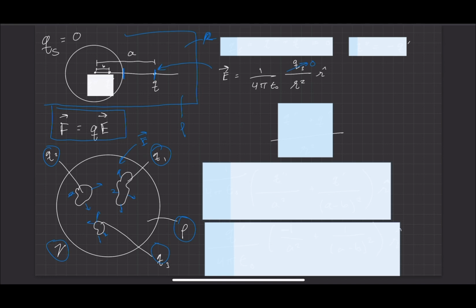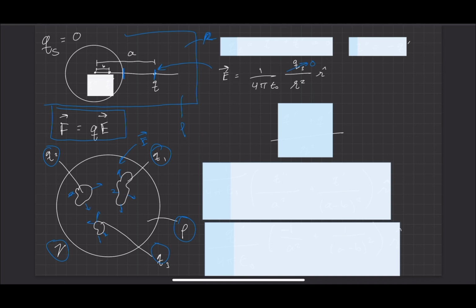Let's just say we do know it for the sake of this problem. We also know the charges within this region since they're given to us. The charge on the sphere is equal to 0, and the charge Q is just Q. So that means there is a unique solution for the E field in this region.